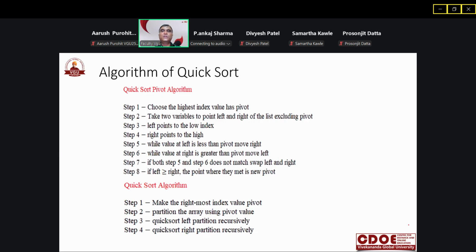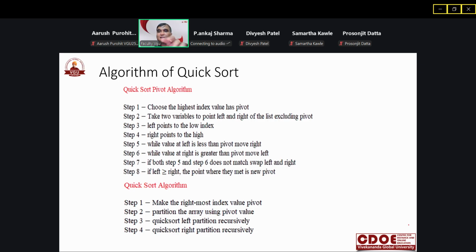Then the next part of the quick sort algorithm: similarly, repeat it again. Step 1, make the rightmost index value the pivot, partitioning the array using the pivot value. Then quick sort the left partition recursively, and quick sort the right partition recursively.